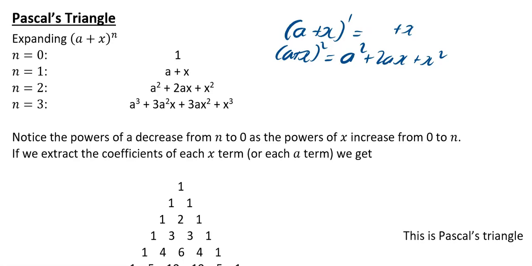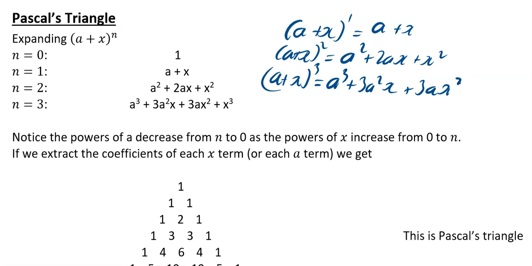If you did the same with (a + x) cubed, after a lot of working out, you would have to take this and multiply everything by (a + x), and what you would get is a cubed + 3a squared x + 3ax squared + x cubed.